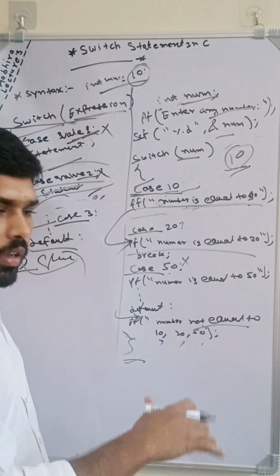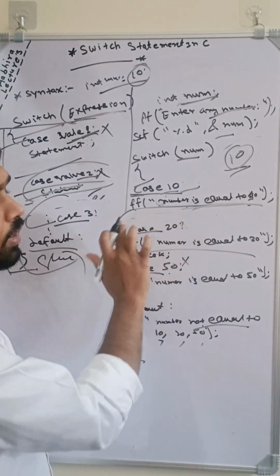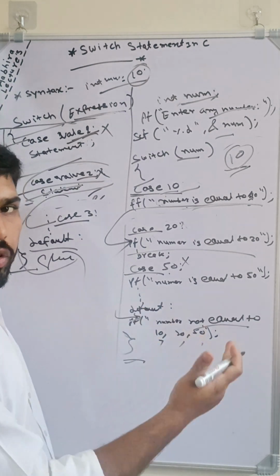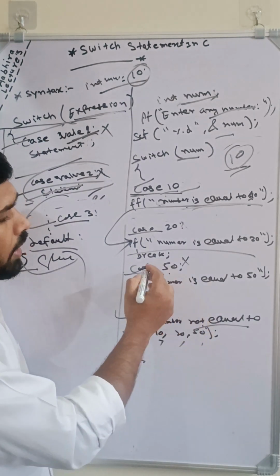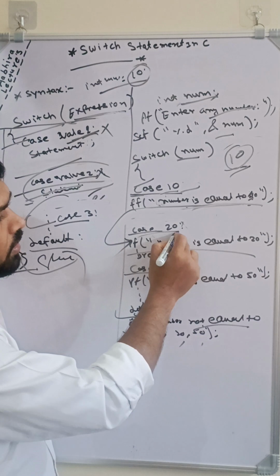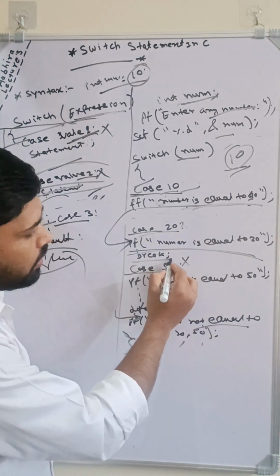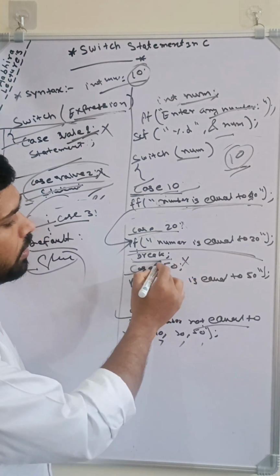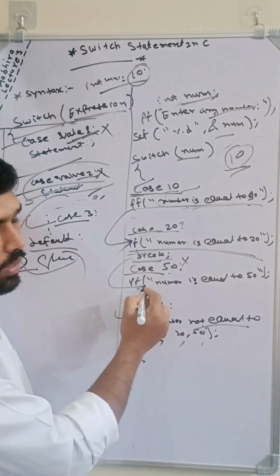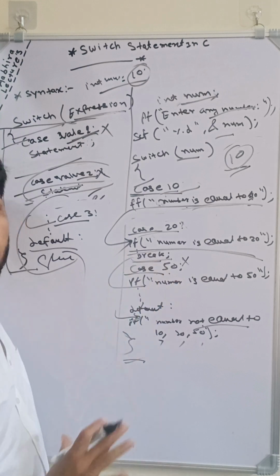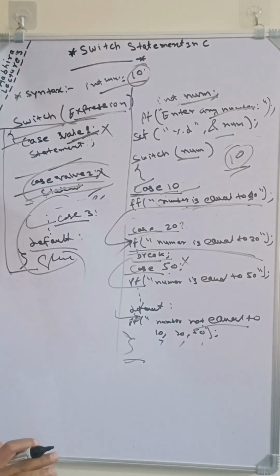If we use break, that case will execute there only. But if you are not using any break keyword, then it will go to the other cases and print them as well. Then here it will break. Since we have given break here, it will not print the other cases. So this is the use of the break keyword.